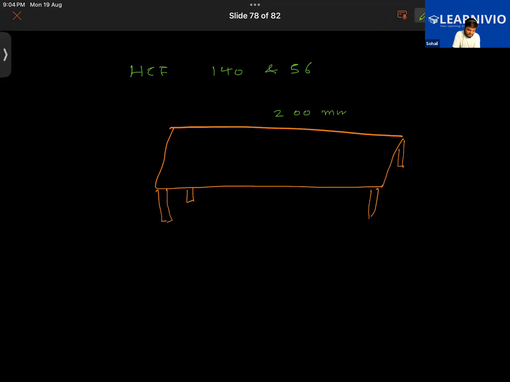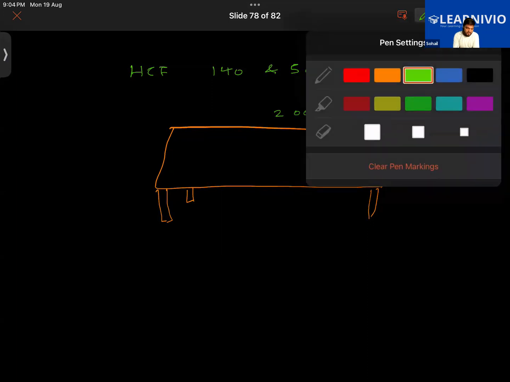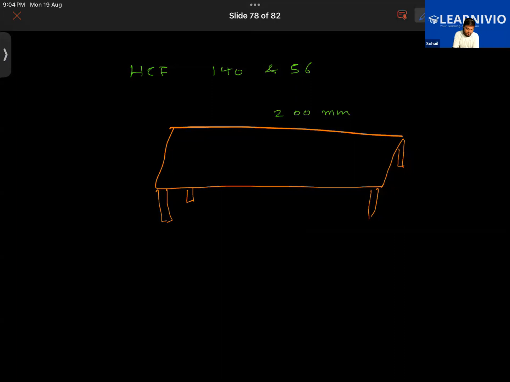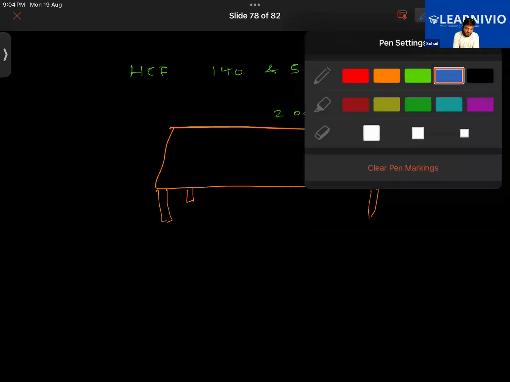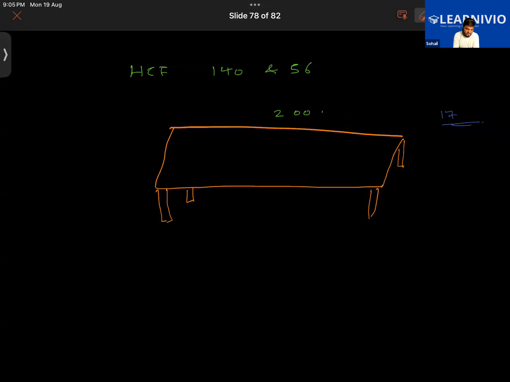Or let us say that it has a length of 200 millimeter, for example. Now tell me, if I were to provide you a ruler of, let's say, 17 millimeter, for convenience let us just take the unit to be centimeter. Say the edge of your study table measures 200 centimeter, and I'm providing you with a scale that has maximum length up to 17 centimeter, 0 to 17 centimeter.